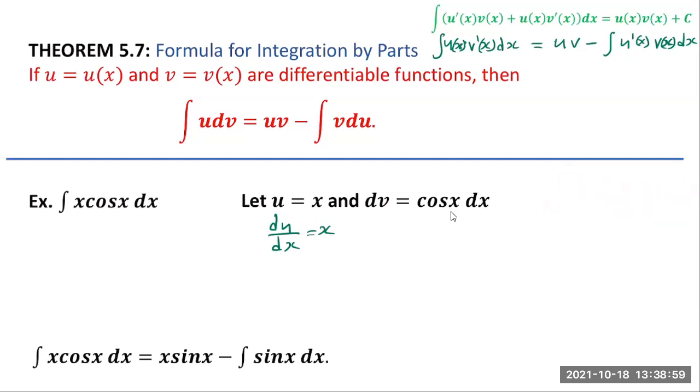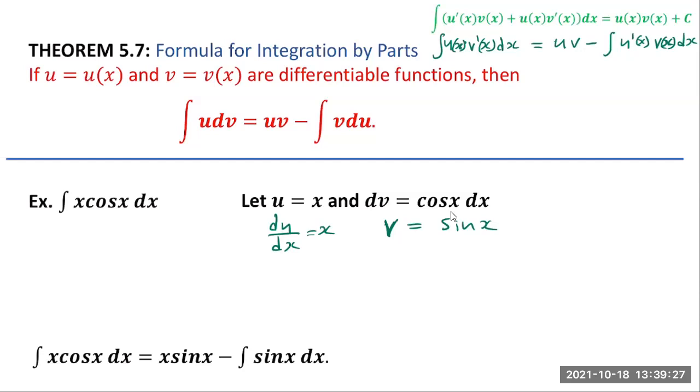And on the right-hand side, the integral of cosine x dx is sine x. So by anti-differentiating this expression, we find v to be sine x. That's the first step in the integration by parts procedure when you apply the formula.